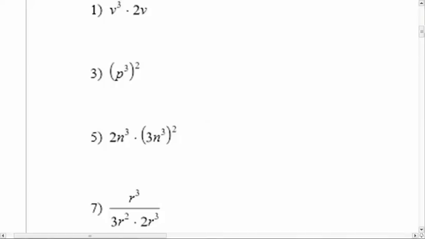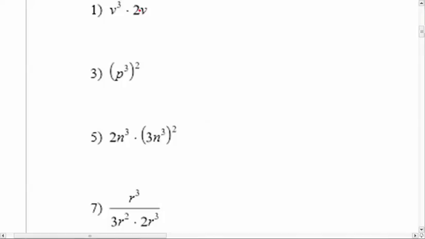So we've got v to the third power times 2v. Please note that 2v is the same thing as 2 times v. Lots of students have asked, why don't we distribute to both of those? Well, it's because 2v is 2 times v, which means these three things are all being multiplied together.